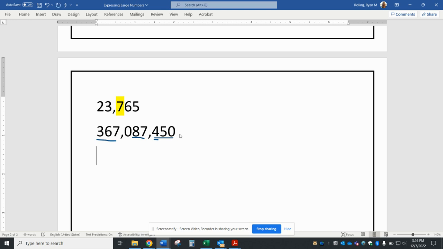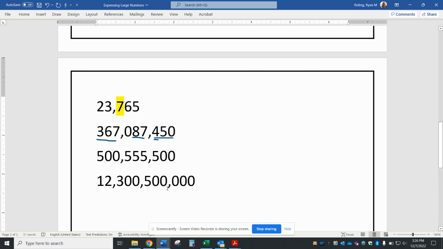Another one. Here I have the fives. So this is 500,555,500. Here's a large number, thousand, million, billion.